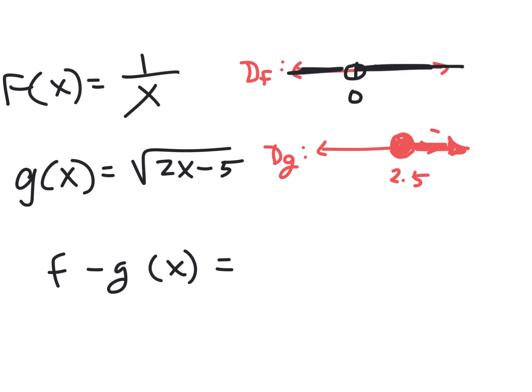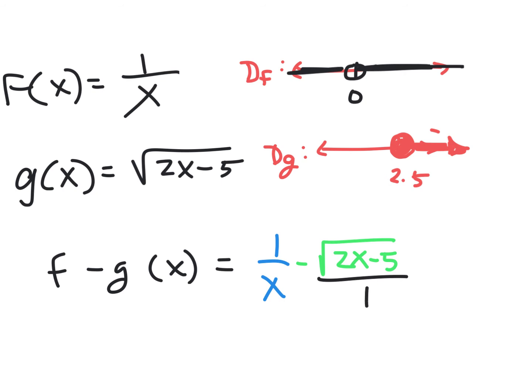All right, so now we just have to subtract the two functions. Here's the first function, 1 over x. I'll use green for the second function, minus the square root of 2x minus 5. And can you put those together? Could we make them have a common denominator? Yeah, you can add any two things and get a common denominator. But this one's going to be a little weird.